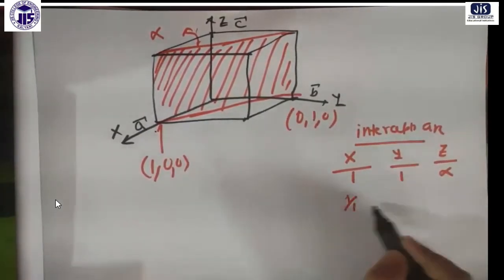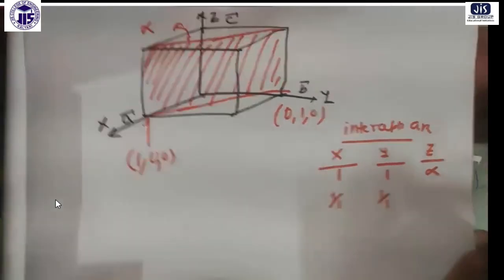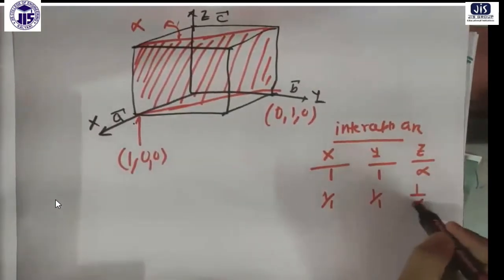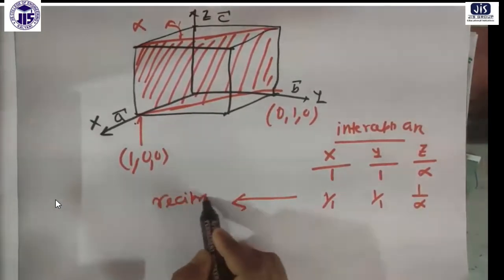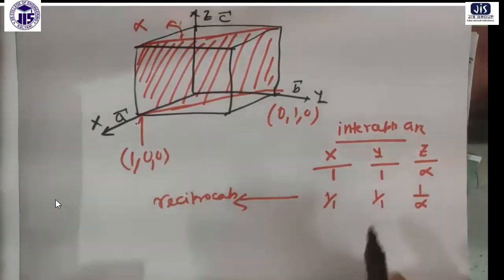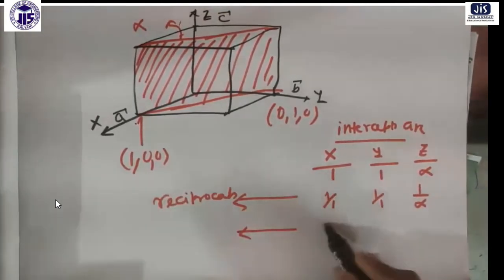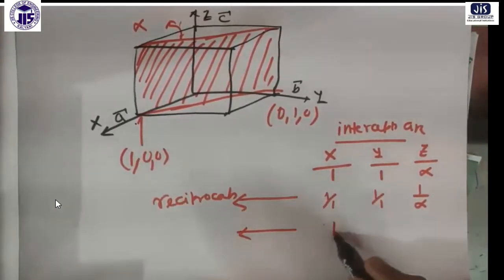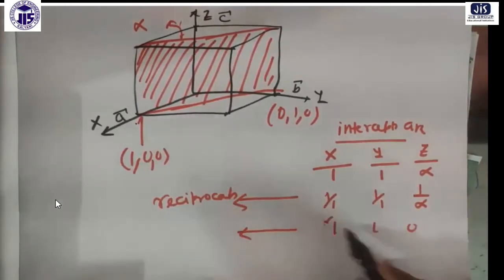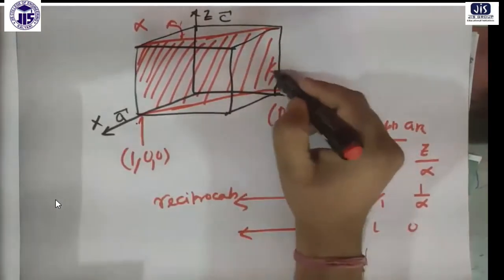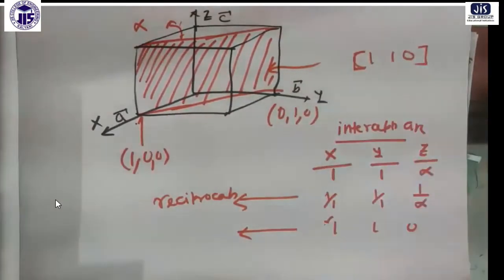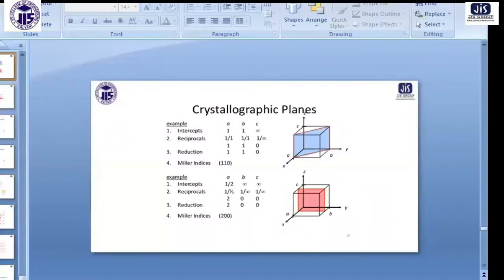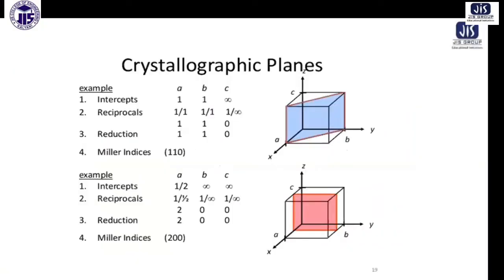So we calculate reciprocals: 1 by 1, 1 by 1, 1 by infinity. So these become 1, 1, 0. So this plane is basically the 110 plane. In this way you can define any plane, as a matter of fact.